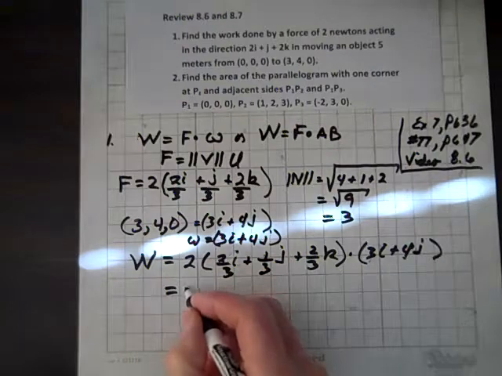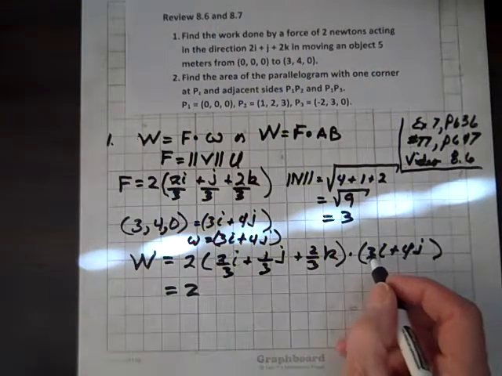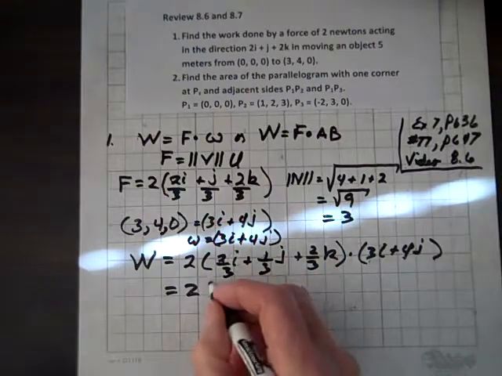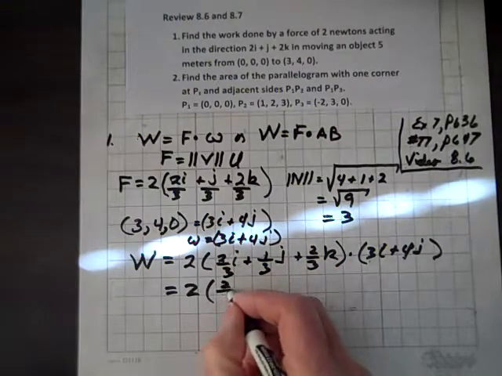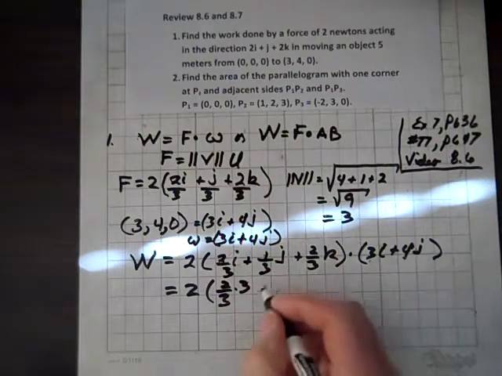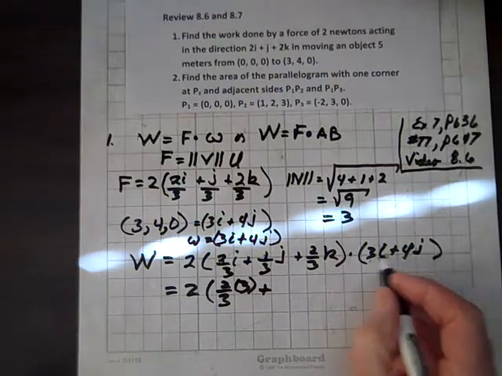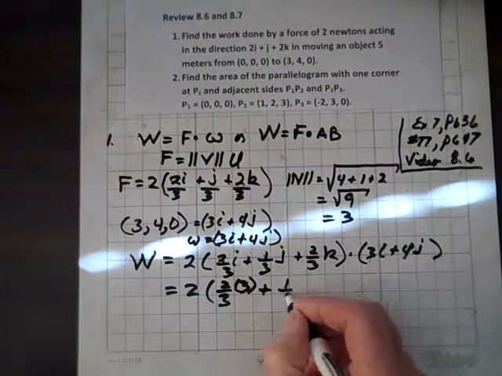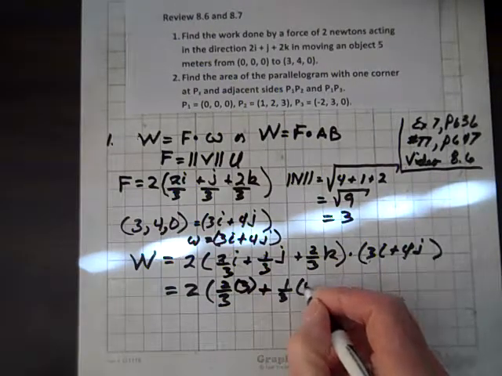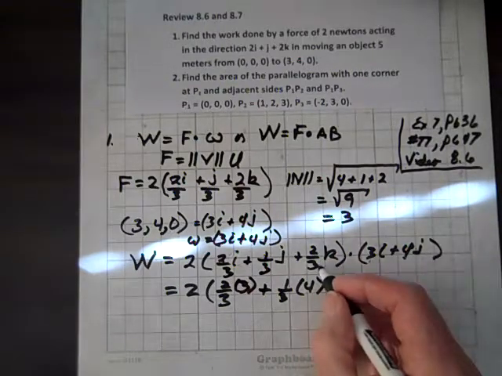So that equals 2 times, and so in the dot product, we multiply 2/3 times 3 plus 1/3 times 4 plus 0 times 2/3.